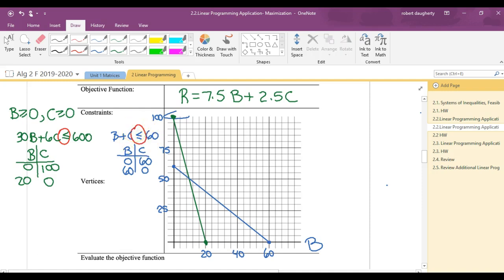So if I shade below the blue and below the green, it looks like my feasible region is right here. And I just need to figure out what the vertices are. So right there, and right there.